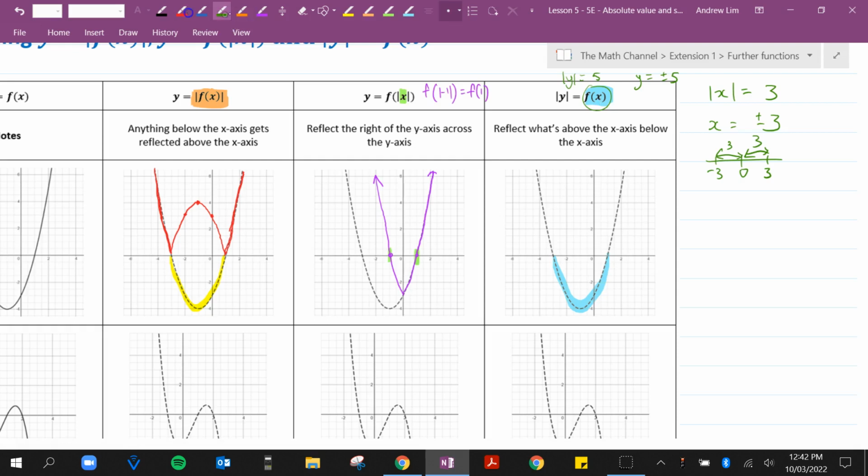Instead, all of this will remain, as will this, but they are just the positive versions. If we also want the negative versions, we just need to reflect that below the x-axis as well. So we're just going to reflect this. It's going to look something like that, and something like that.